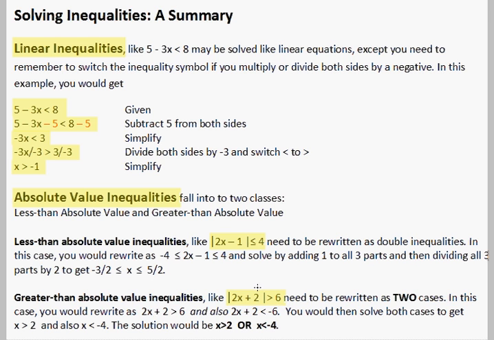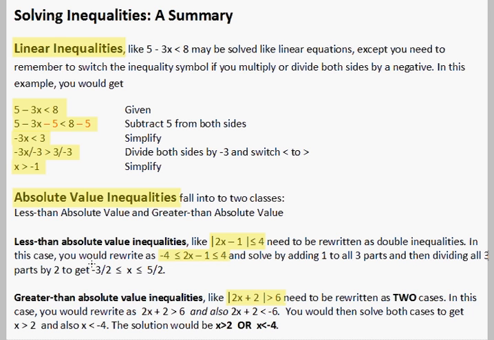The less than absolute value inequality is solved by rewriting as a double inequality. Absolute value of 2x minus 1 less than or equal to 4 is rewritten as negative 4 less than or equal to 2x minus 1 less than or equal to 4. We solve this by adding 1 to all three parts, and then we divide all three parts by 2.